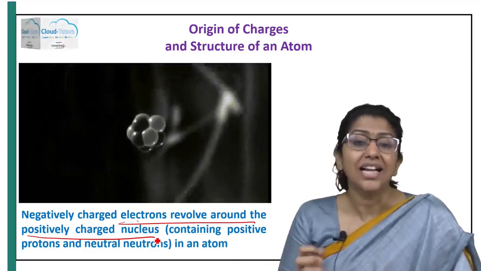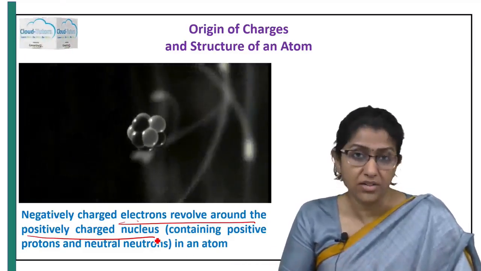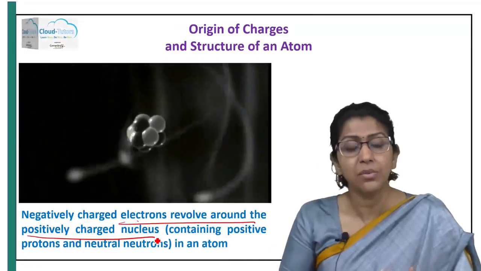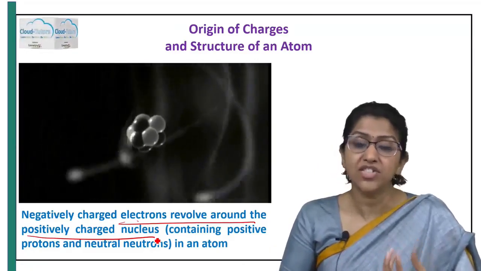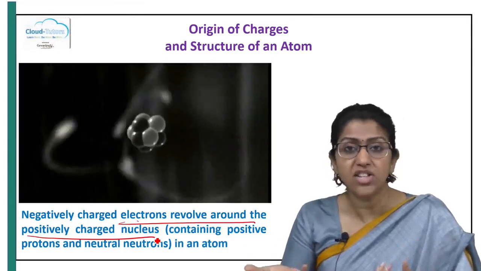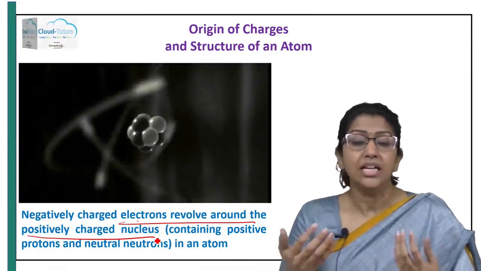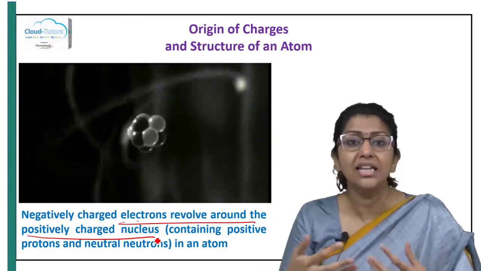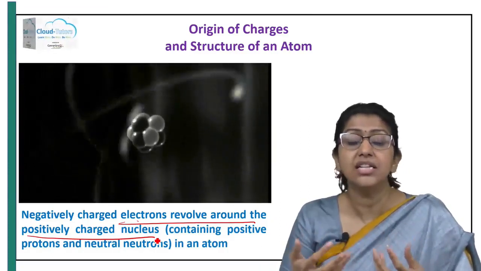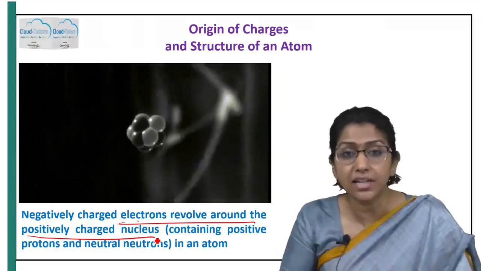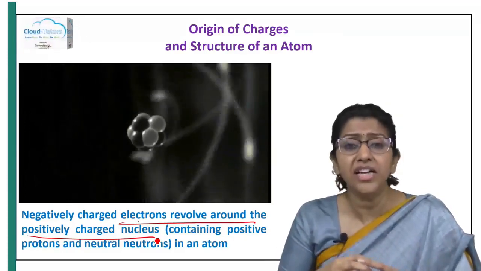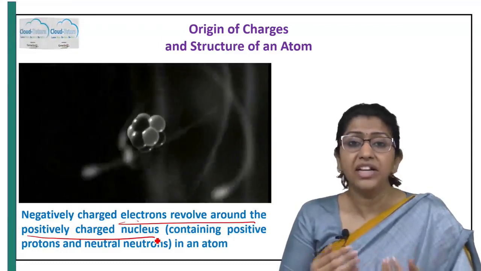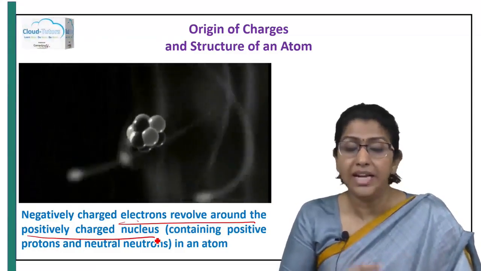There will be an addition of extra electrons, or one extra electron, which again creates an imbalance between the amount of positive charge and negative charge in an atom. As you can see here, there will be no difference in the number of positive charges, that is protons, because they are inside the nucleus, which is very, very difficult to open.